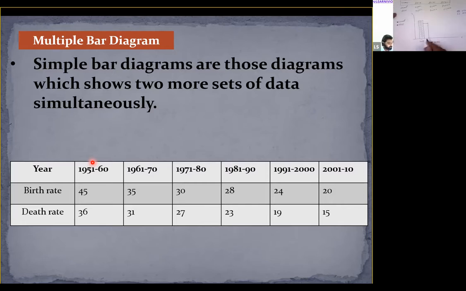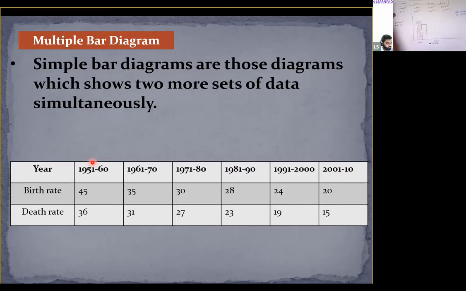All right. So for the year 2019, how many bars have we drawn? We have drawn 2 bars for the year 2019. Similarly, for the year 2020, we will also have to prepare 2 bars. We will be preparing the bar for the production of wheat as well as for the production of rice.